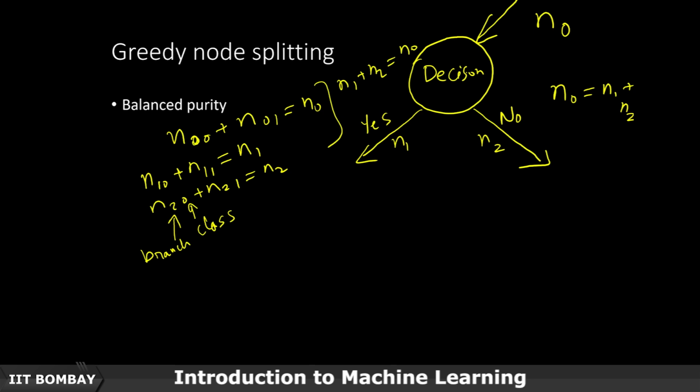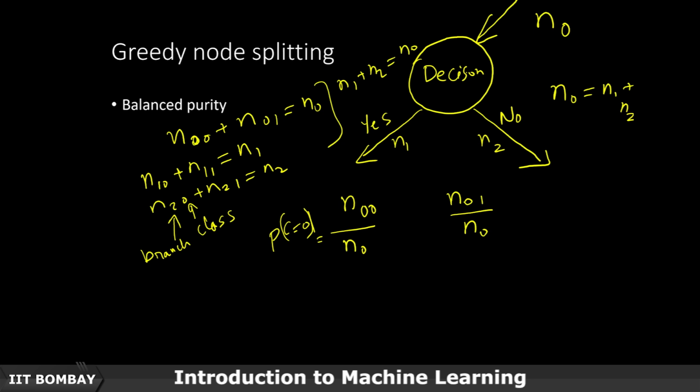So first we have to define the probabilities themselves. So what is the probability of class 0 when it is coming on the n0 branch? So that probability is going to be n00 divided by n0. Okay. So this is the probability of class 0 at the 0th branch. And similarly the probability of class 1 is going to be n01 divided by n0. So what is the entropy here?